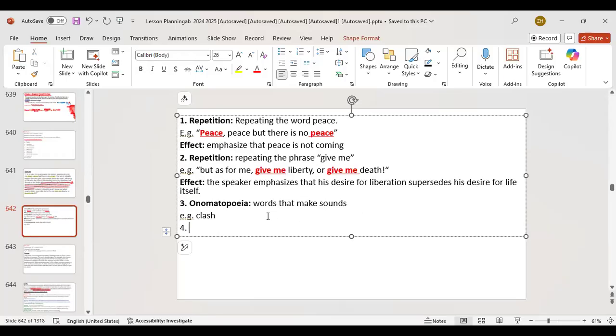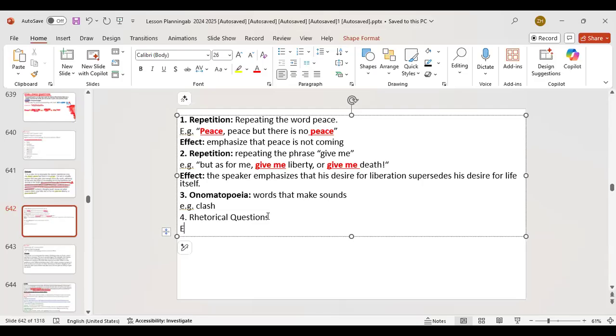Then the fourth one is rhetorical questions. He said a bunch of them inside the text.